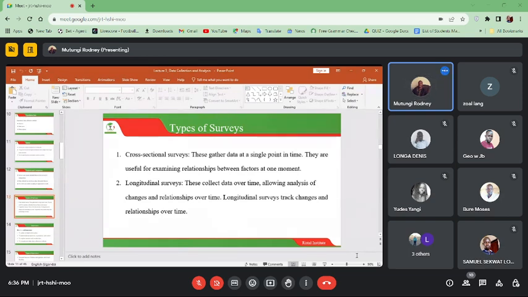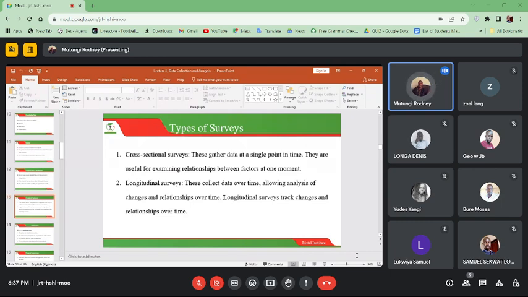You come maybe before you implement your nutrition program, like that baseline survey, and you ask people how they are doing by administering those questions. Do you eat 3 meals in a day? Which food are you taking? And then when they answer, you collect that data, and it is just a single point in time.